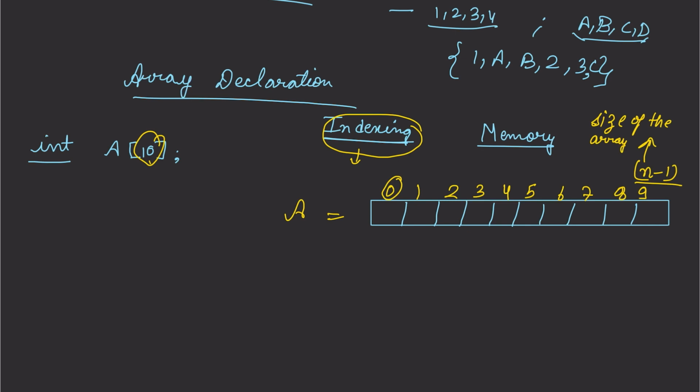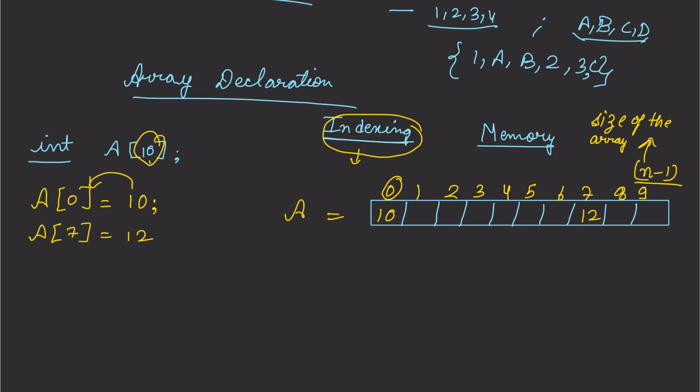Now how to initialize: if I want to store a[0] equals 10, then 10 is assigned in a[0]. What is a[0]? a[0] is here, 10. If I want to store a[7] equals 12, then a[7] will have the value 12.